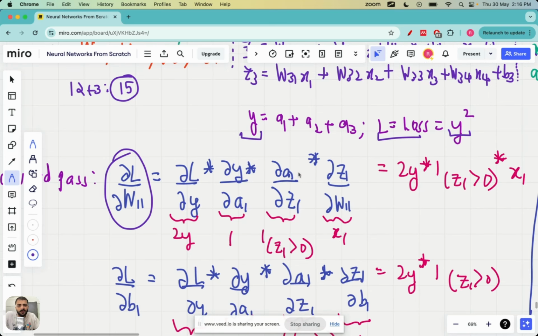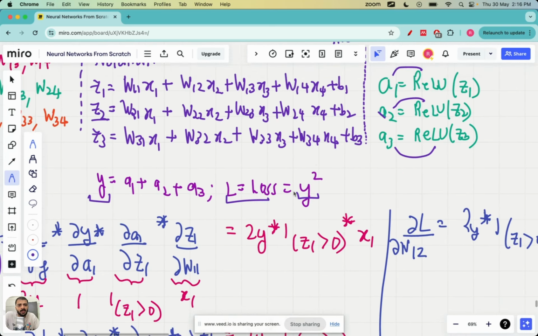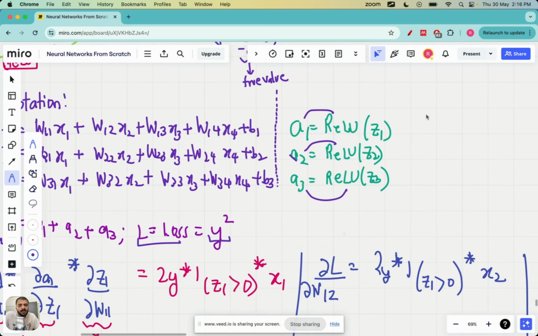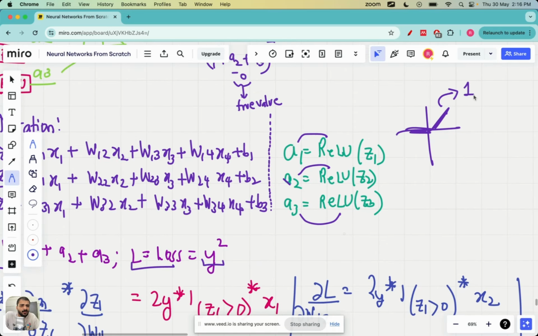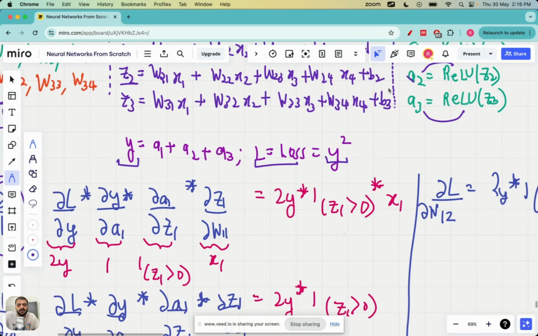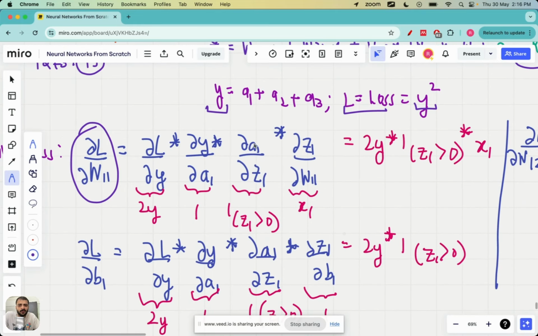Then the partial derivative of a1 with respect to z1. Remember, a1 is ReLU of z1, and for a ReLU function which looks like this, if we are on this side, which means if z1 is greater than 0, the derivative will be 1. If we are on this side, the derivative will be 0. So the partial derivative of a1 with respect to z1 is 1 if z1 is greater than 0.